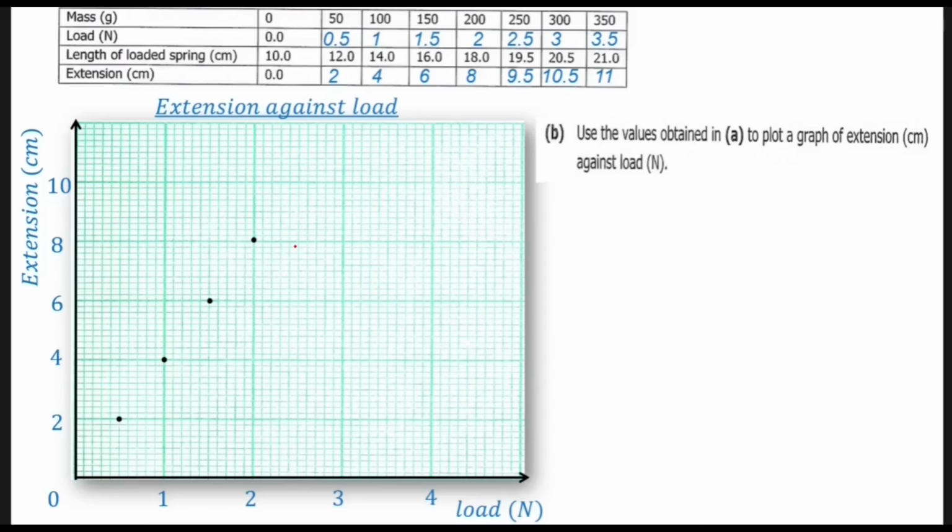So we'll say 8.2, 8.4, 8.6, 8.8, 9, then 9.2, 9.4, 9.5 is on the middle here. So that's why we'll put 9.5 there. This 9.5. So you have to be very careful.